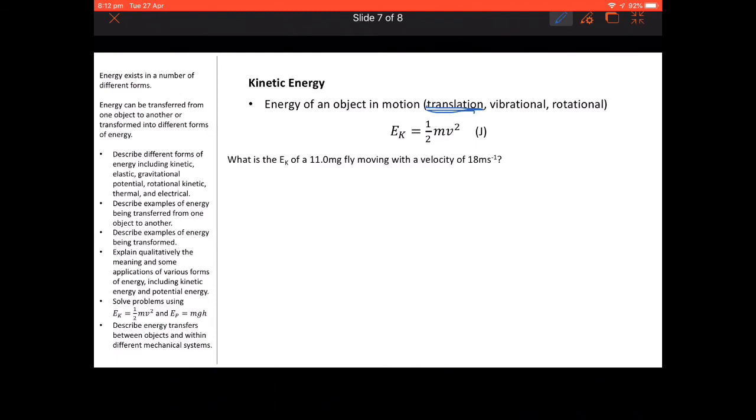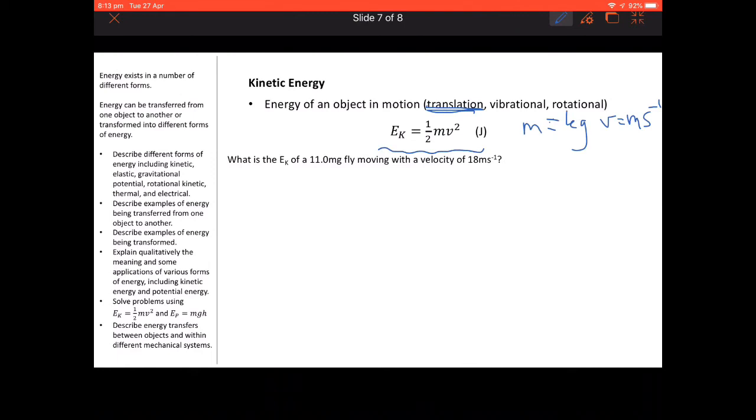The equation for this is half mv squared, and obviously because we're talking about energy, the units are joules. Mass is in kilograms and velocity is in meters per second.